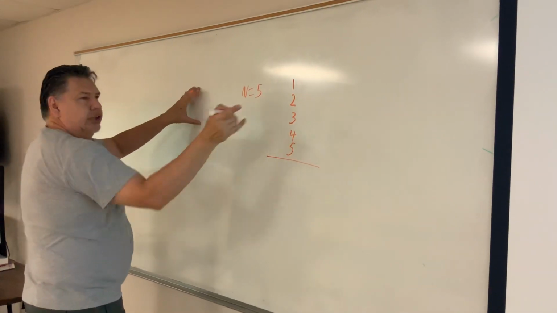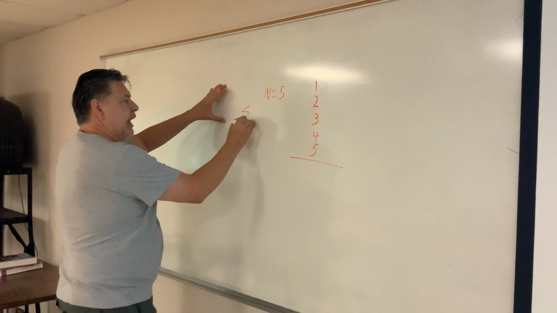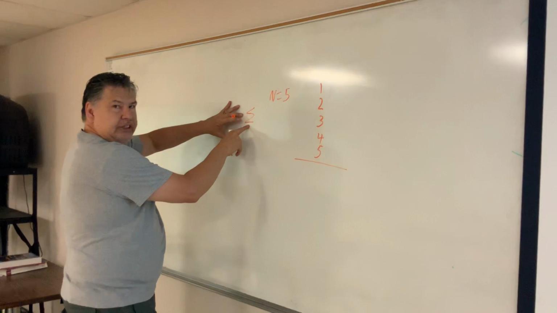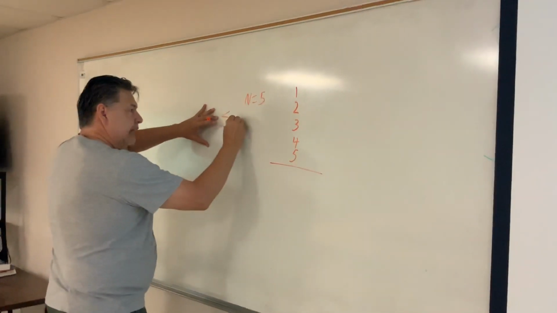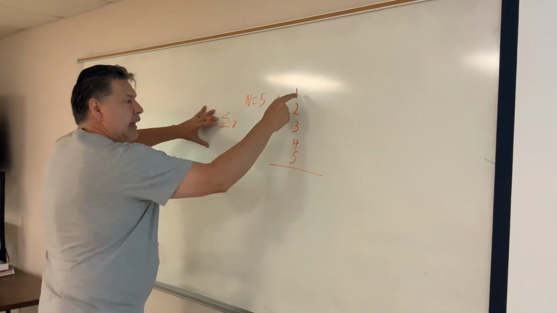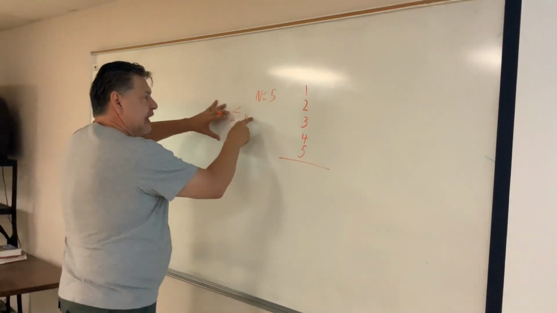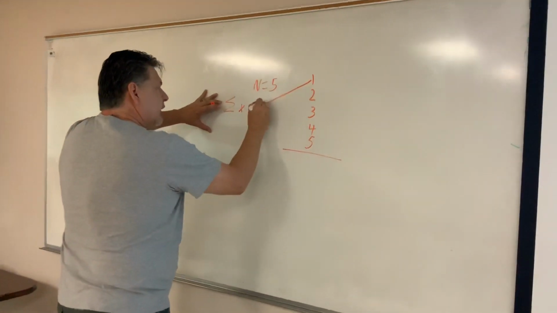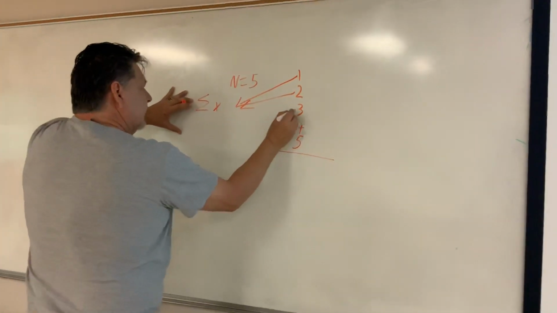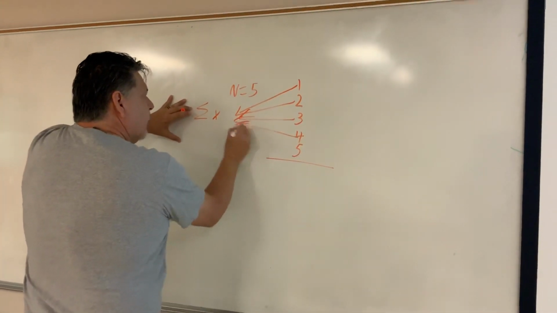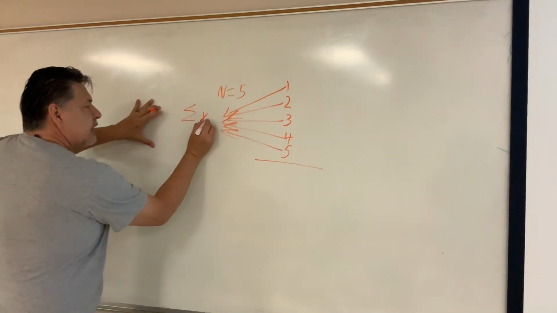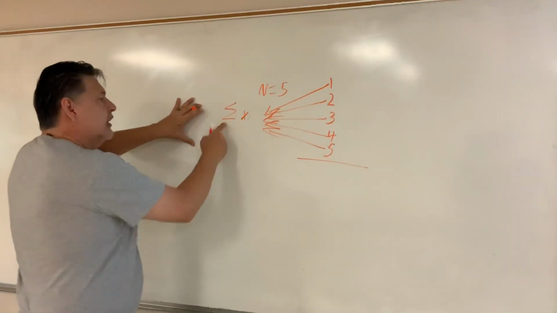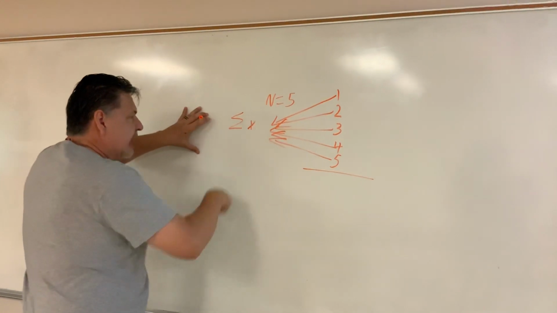Now, if I want to find the average, sigma tells me to sum, or add, the x's up, and each one of these represents x. So 1 is x, 2 is x, 3 is x, 4 is x, and 5 is x. Sometimes you'll see this in some textbooks as xi. Some of the newer textbooks just use x.